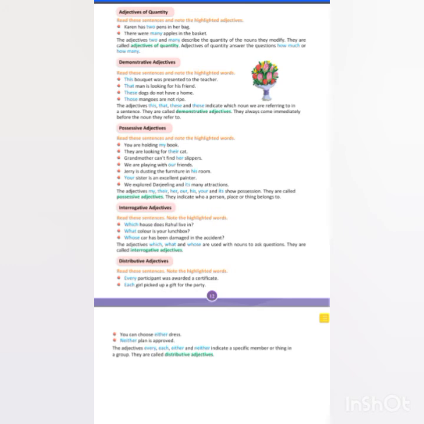Jerry is dusting the furniture in his room. Your sister is an excellent painter. We explored Darjeeling and its many attractions. So the adjectives my, their, her, our, his, your, its show possession. They are called possessive adjectives because they show ownership or possession. They indicate who a person, place or thing belongs to.